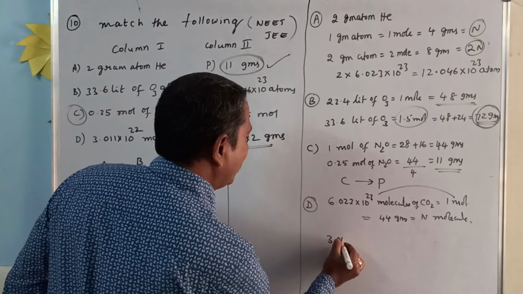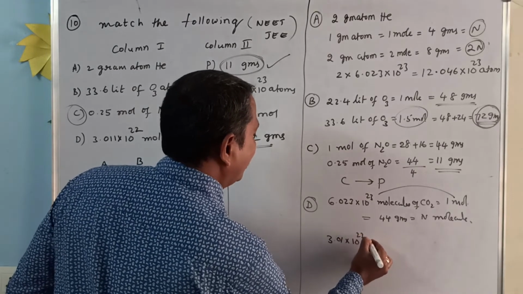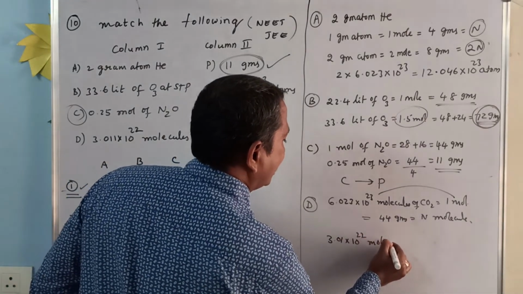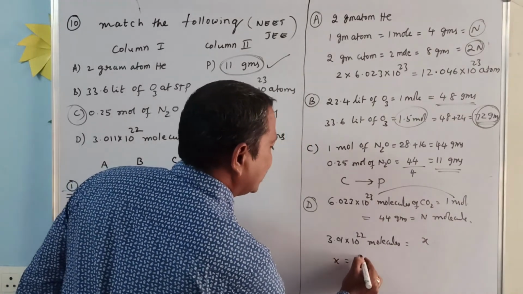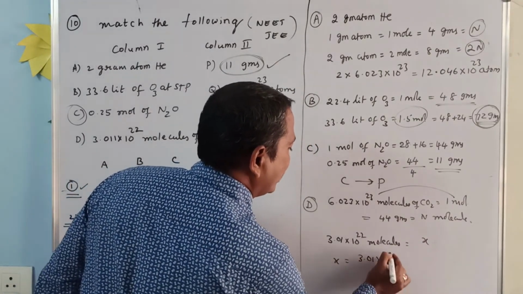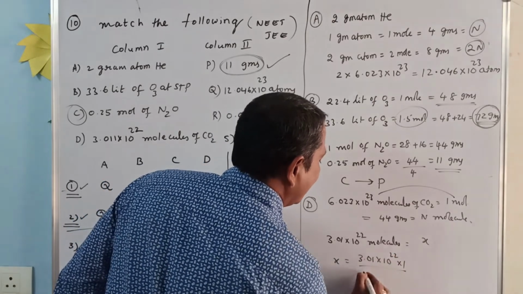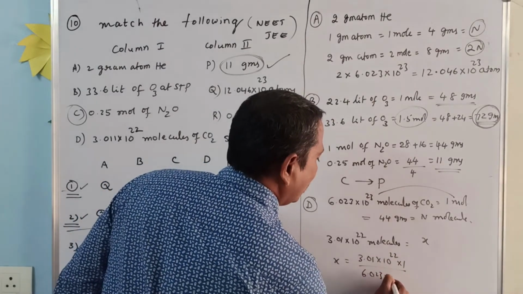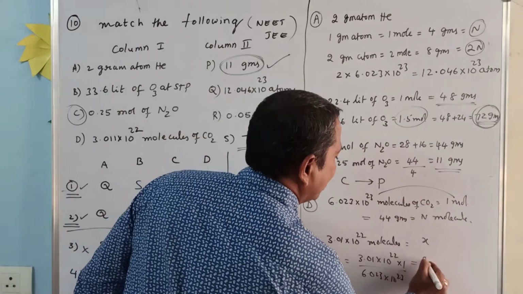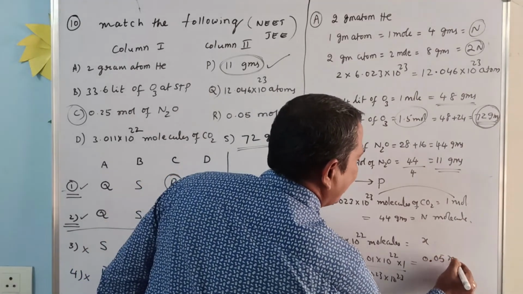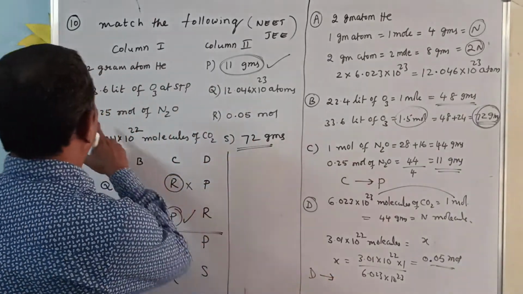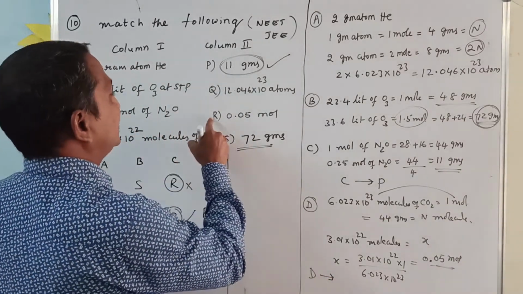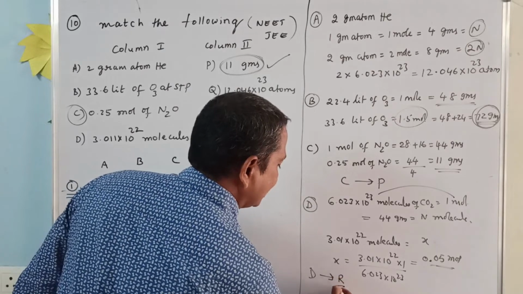Therefore, 3.01 into 10 power 22 molecules is equal to how many moles? X. Therefore, X is equal to 3.01 into 10 power 22 into 1 by 6.023 into 10 power 23, that is equal to 0.05 mole. So for D, option is R.